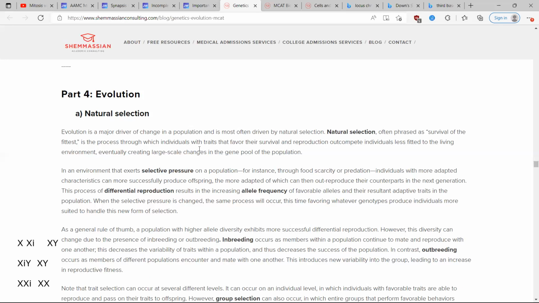So in a nutshell, that's natural selection. What I just talked about in my example is the selective pressure. I need to get food, I need to get water, but I can't because the more adapted people will out-reproduce and outcompete me.